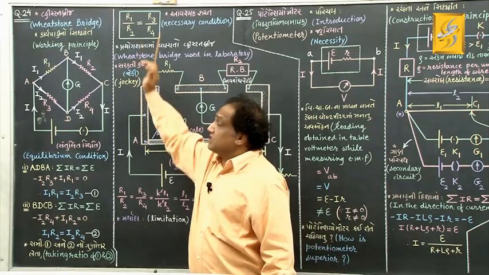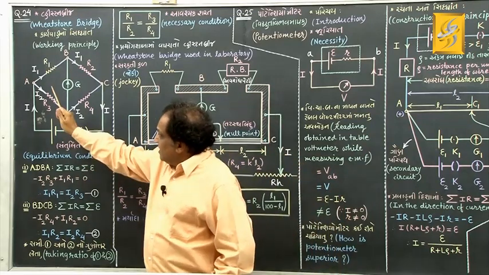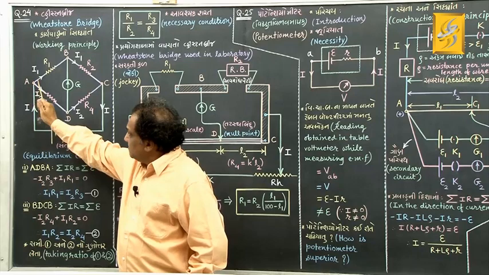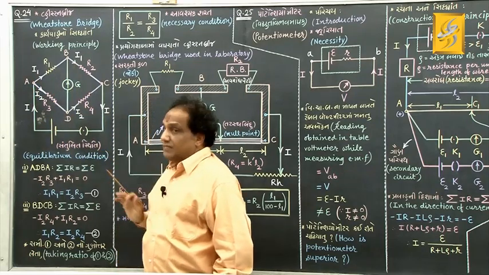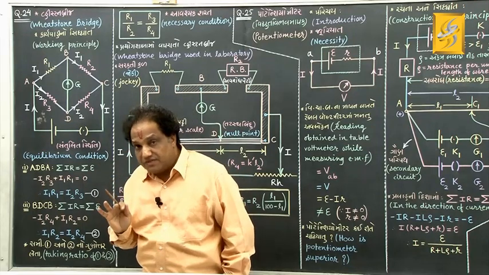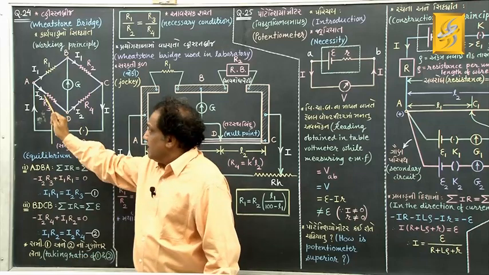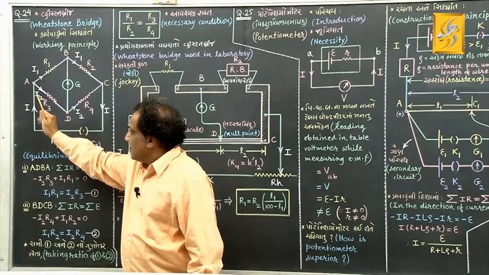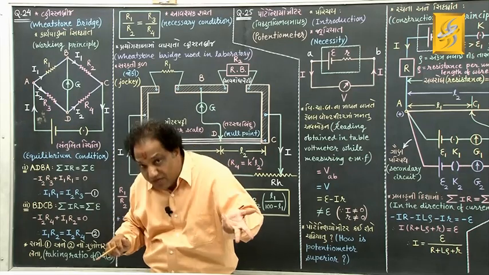How would you express this condition in words? I am showing you. In whichever branch the current I1 is flowing, that arm is called one arm of a Wheatstone bridge. In whichever arm current I2 is flowing, it is called another arm of the Wheatstone bridge.